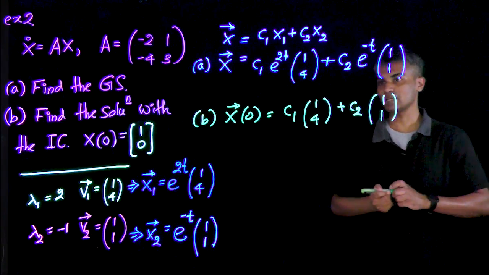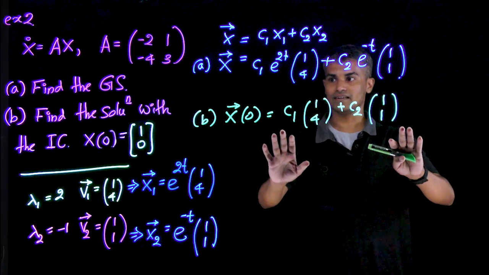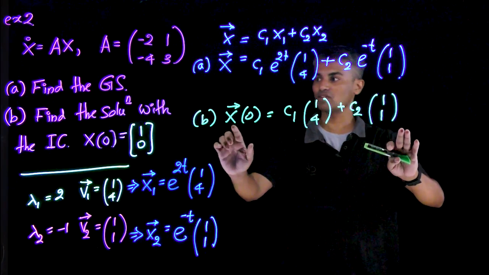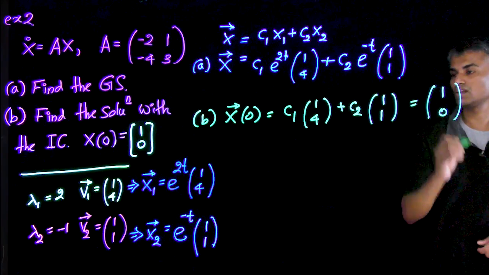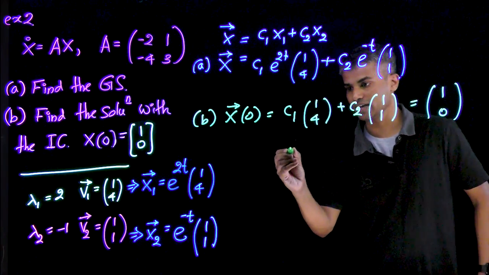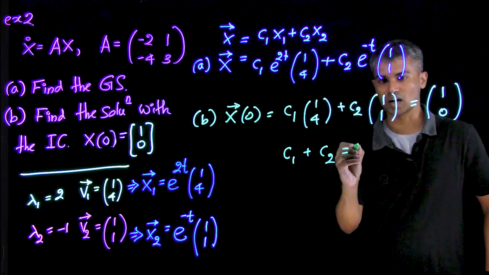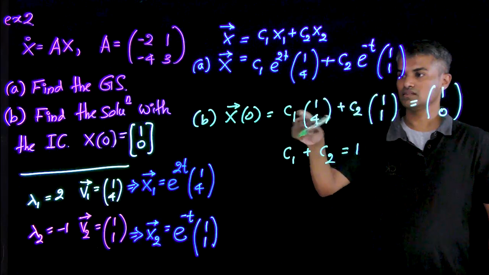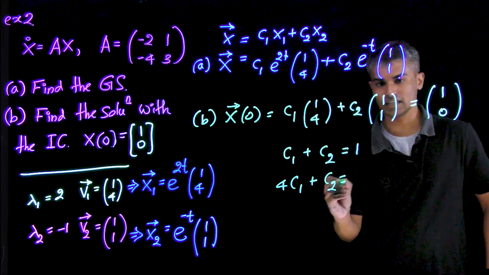And our problem says this solution at time t equals 0 equals (1, 0). Now, if you simplify the left hand side, you will get c1 plus c2 equals 1, and then 4c1 plus c2 equals 0.